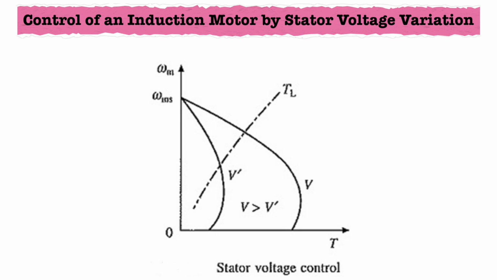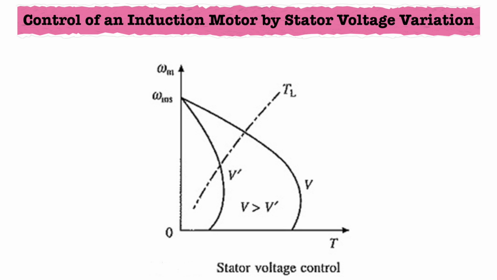While torque is proportional to voltage square, current is proportional to the voltage. Therefore, as voltage is reduced to reduce speed for the same current, motor develops lower torque.